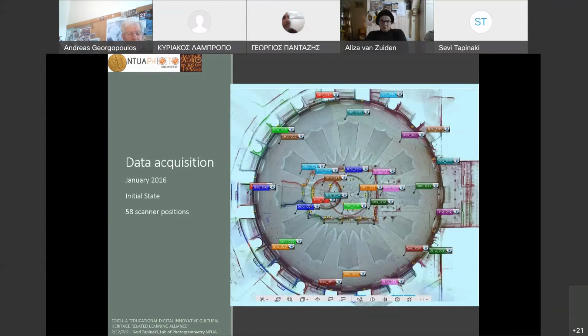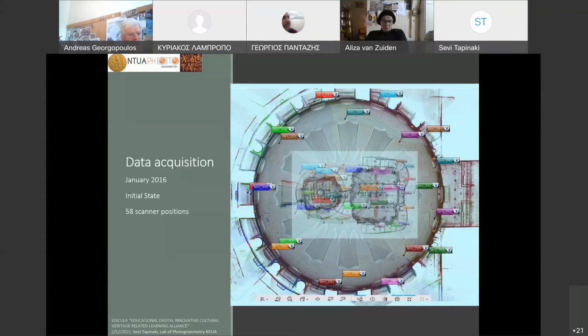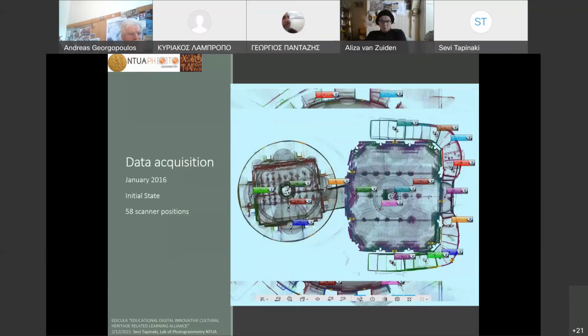You can see that we placed the scanner on the rotunda that gave us the possibility to be on top for the high points of the Edicula. And these are the scans for the interior.